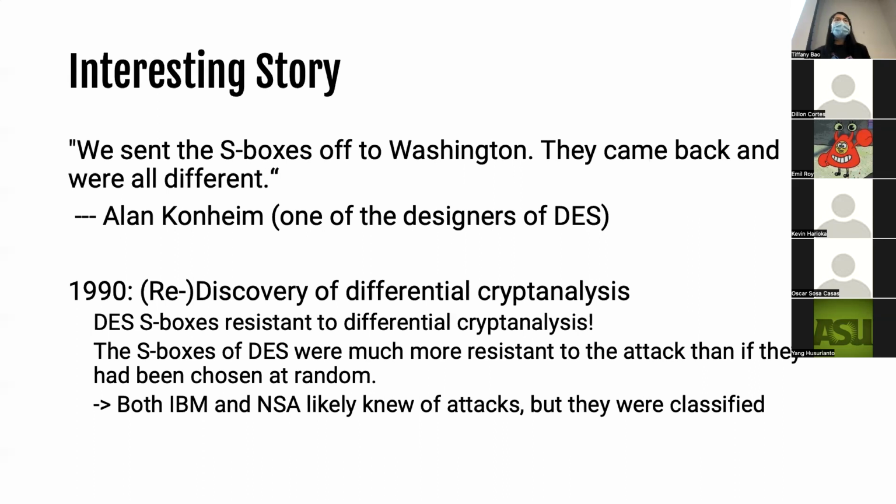But then in the 1990s, someone rediscovered this attack again, and then the original secret about the first discovery of this attack came out. And that's the story about that. So given this, now you know that this S-box is really specially designed to be robust to certain types of attacks.